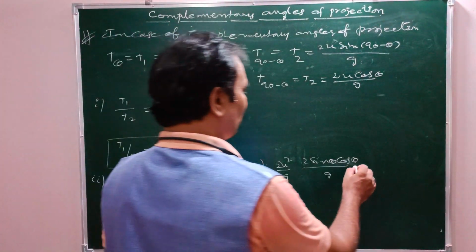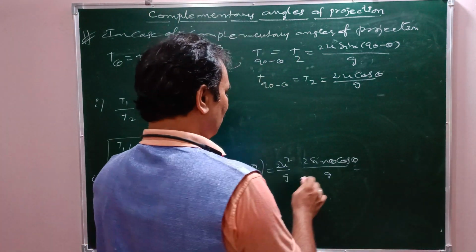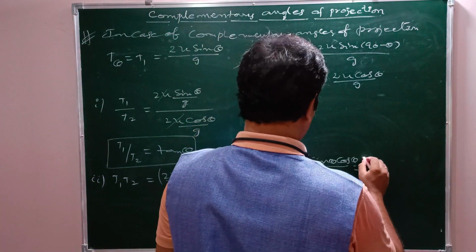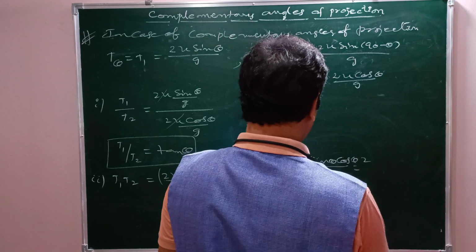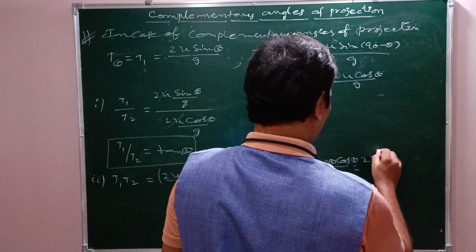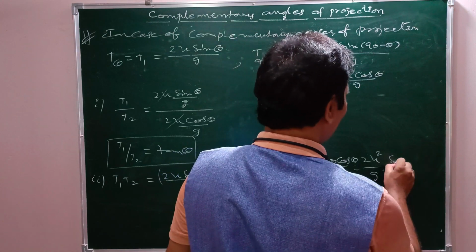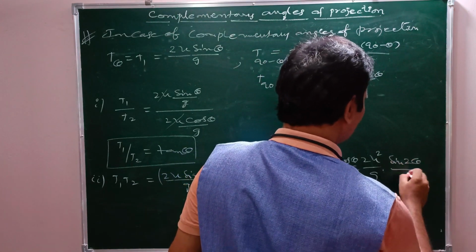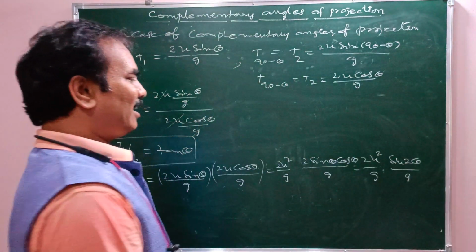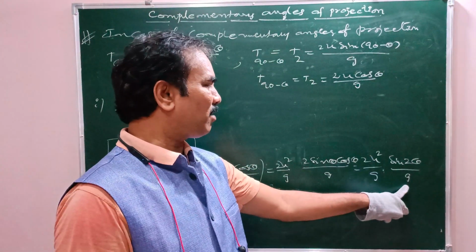That is 2 into u square by g into sin 2 theta by g. Okay, that is u square sin 2 theta by g, means what?